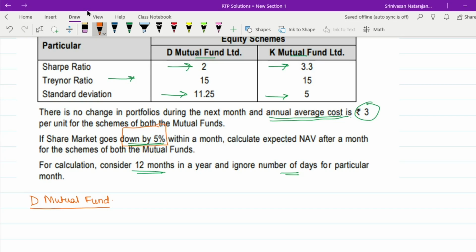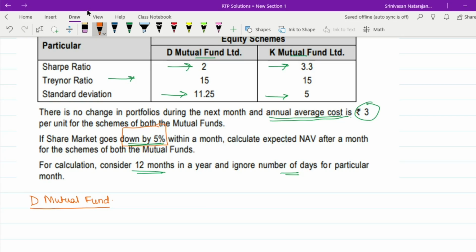If the share market goes down by 5%, then what will be the change in the value of equity held by the fund? Now, obviously this relationship is given by beta. That means the moment we calculate beta of this fund, we will be able to calculate that if the market goes down by 5%, then how much will the equity value change? So our main objective first when solving the problem is to find out the beta.